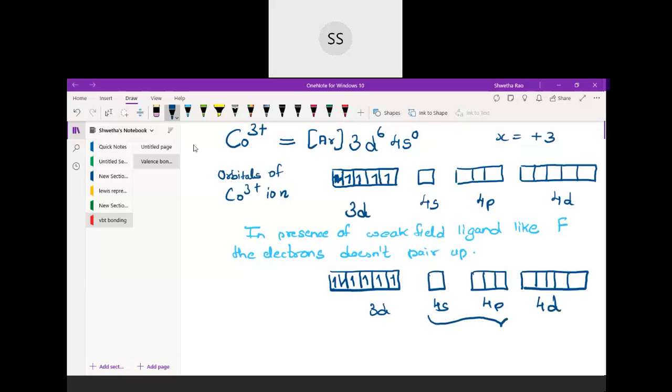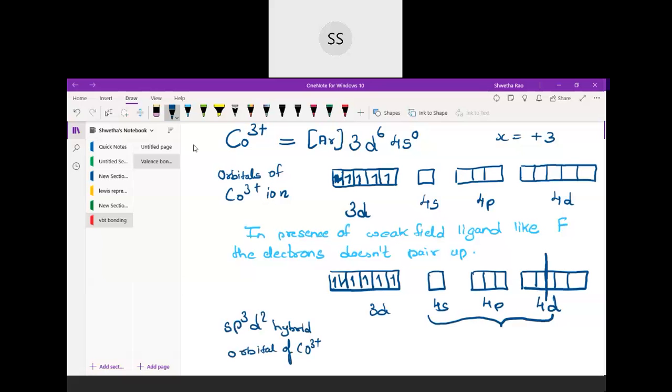So these will undergo hybridization: 1 s orbital, 3 p orbitals, and 2 d orbitals, only so much. The remaining 3d orbitals will not participate, because only as many as are required are taken and mixed. After that what you write here is sp3d2 hybrid orbitals of Co3+ ion.